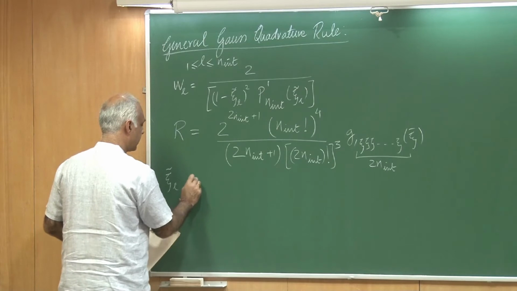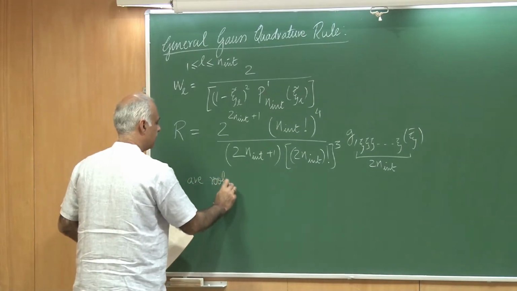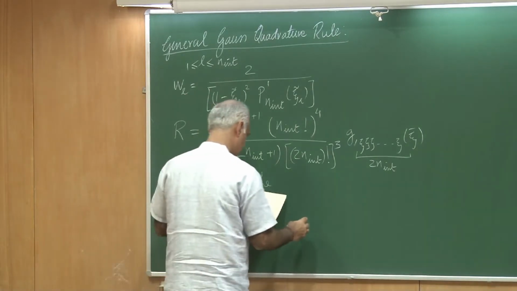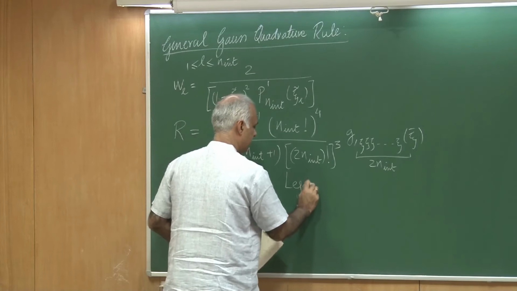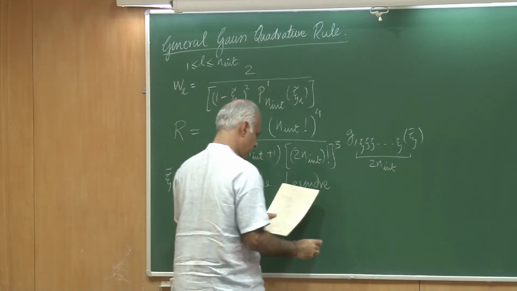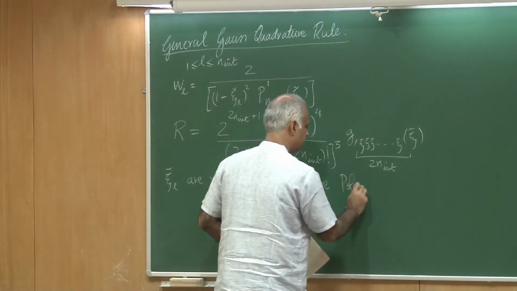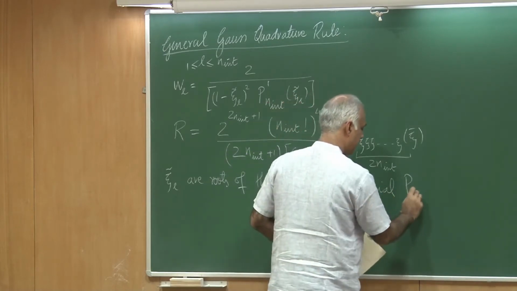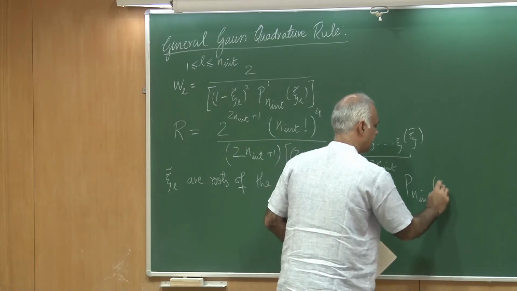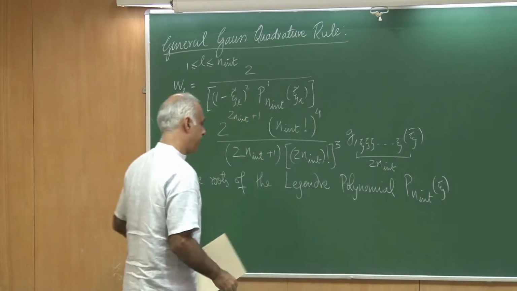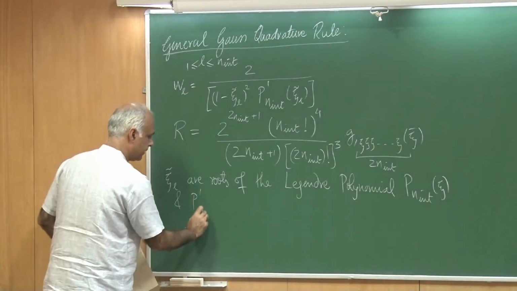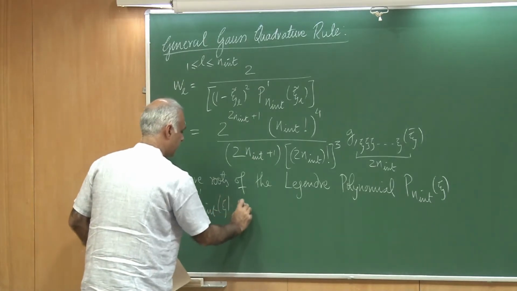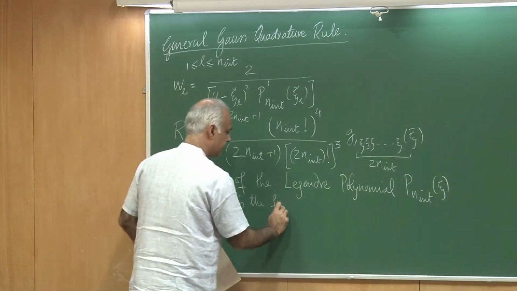So, xi L tilde are roots of the Legendre polynomials P n int of xi, and of course p prime n int is the first derivative.